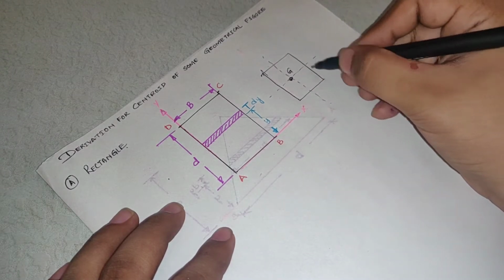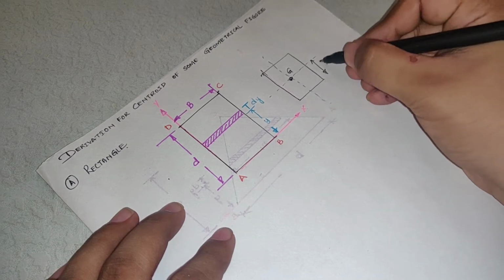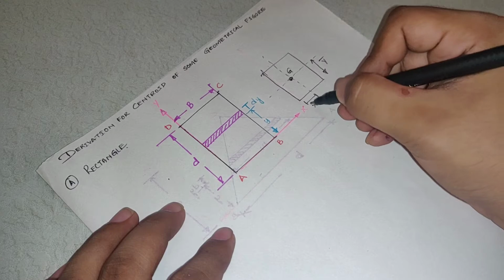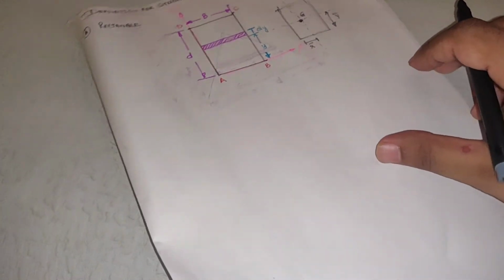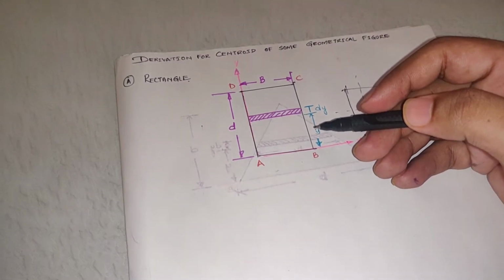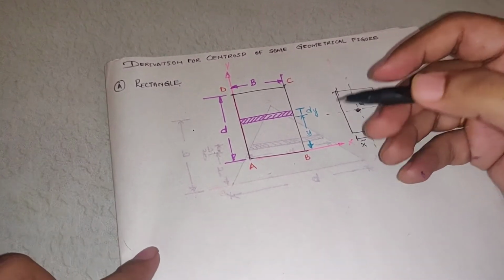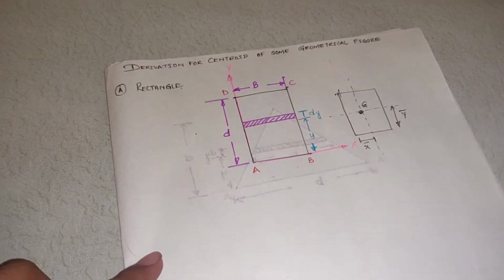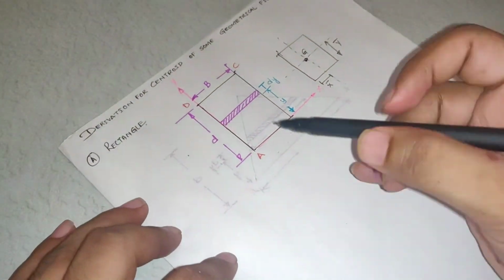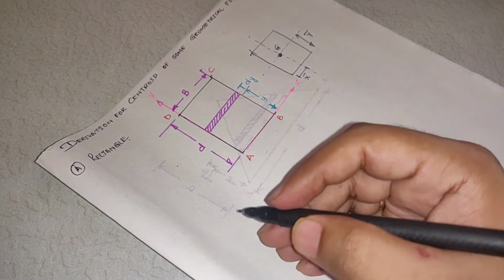Whenever it is with respect to the x-axis, the value we get is called y bar, and when it is with respect to the y-axis, the value we get is called x bar. Now I am considering this elemental strip which is parallel to the x-axis. We'll write some statements now. I hope you understood that figure.